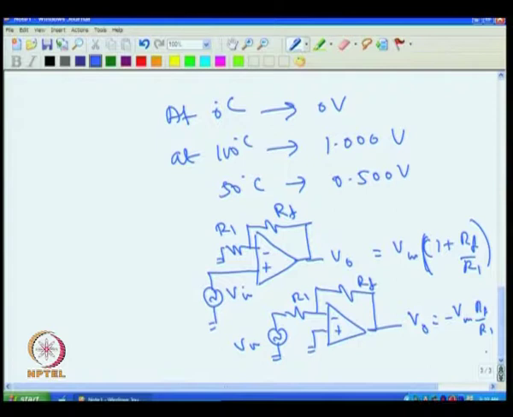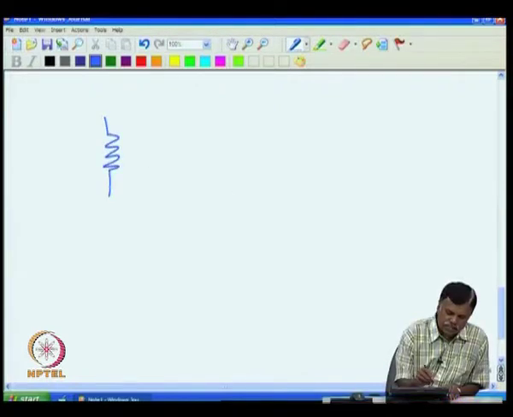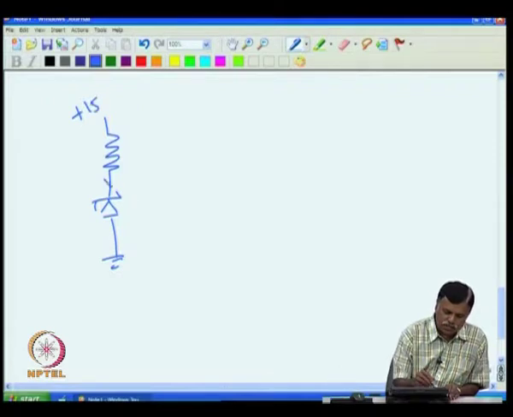So, in this application, first what we will do is use a non-inverting amplifier and then try to get this one. So, what I will do is take the sensor first. I have to bias the sensor. So, I put plus 15 volt, then I want to make sure 1 milliampere current is going through this.